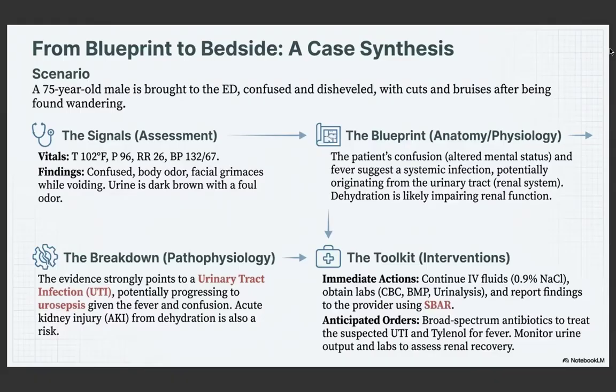And then the full breakdown is that in elderly people, it's pretty normal to see acute confusion and fever from UTIs, especially if they're progressing to urosepsis. With the name, we should be able to tell that urosepsis has a risk of an AKI, as well as dehydration.